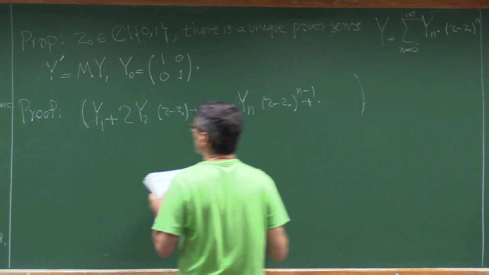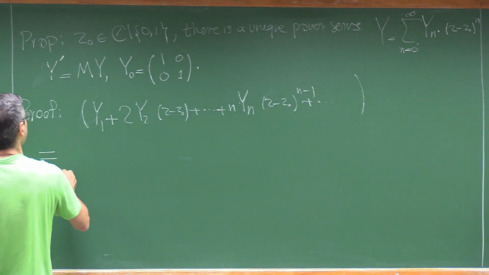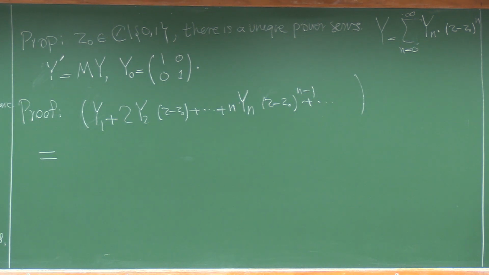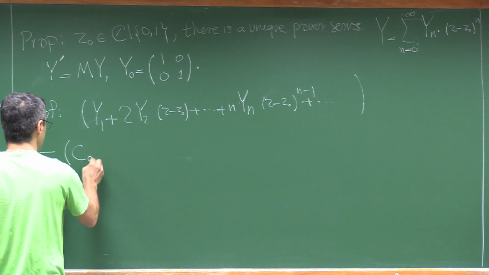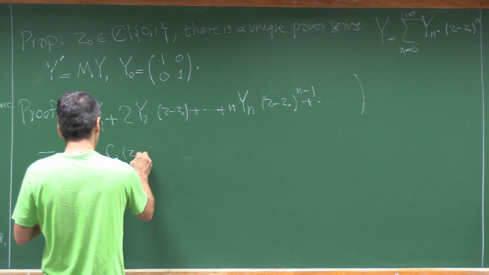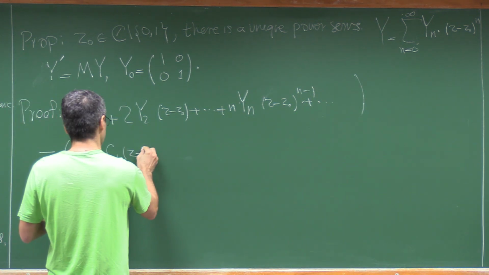This must be equal to the Taylor series of the right-hand side at z0. This is just a geometric series for both of them, so the Taylor series in z0 is easy to write. Maybe I don't want an explicit example for these things.